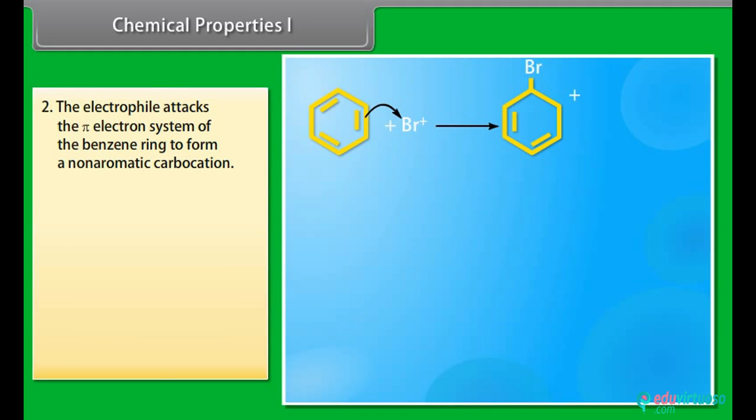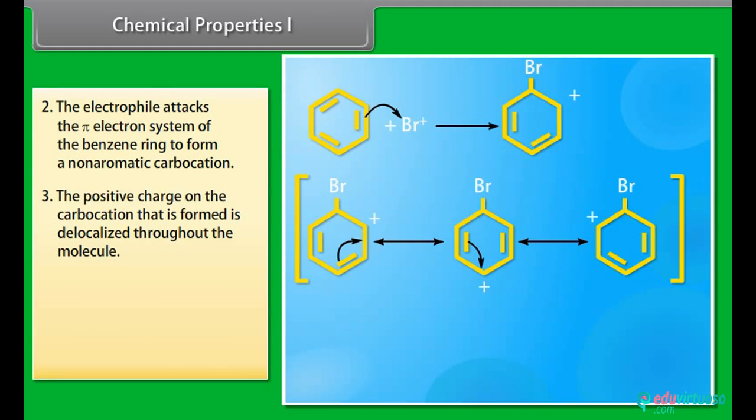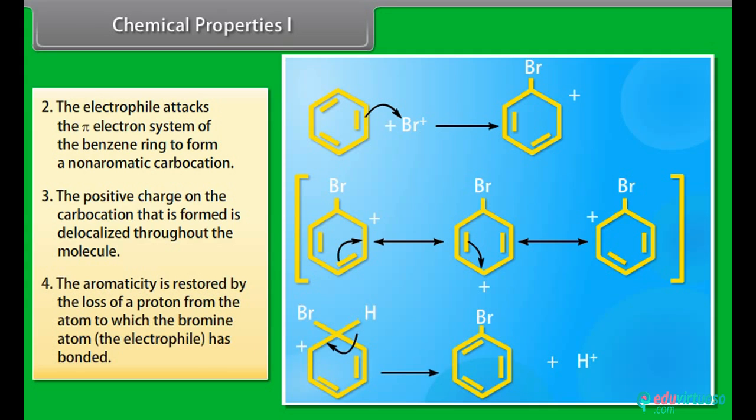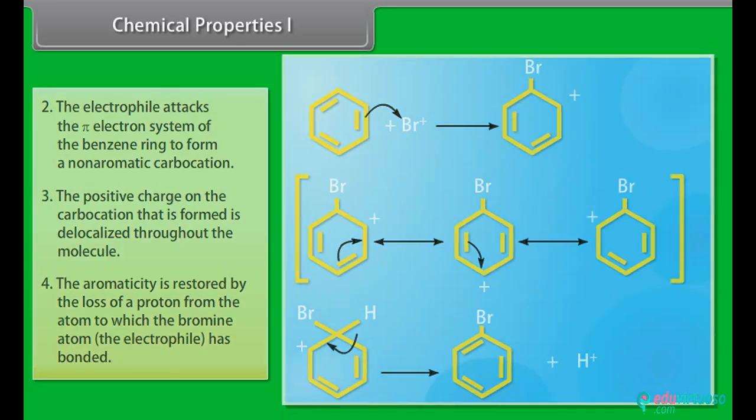The electrophile attacks the pi-electron system of the benzene ring to form a non-aromatic carbocation. The positive charge on the carbocation that is formed is delocalized throughout the molecule. The aromaticity is restored by the loss of a proton from the atom to which the bromine atom, the electrophile, has bonded.